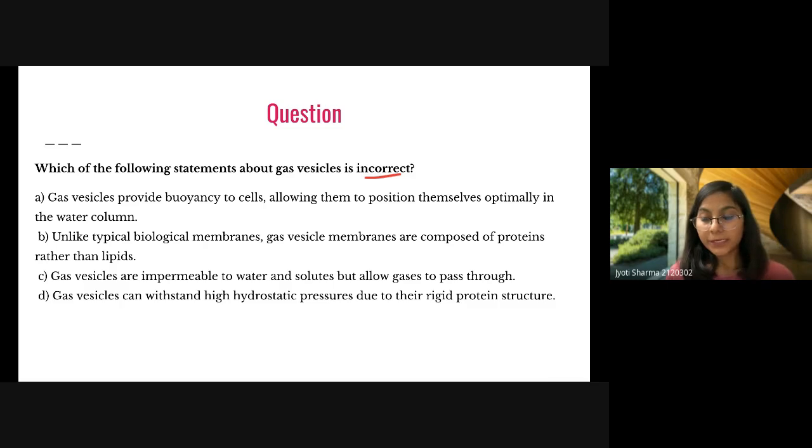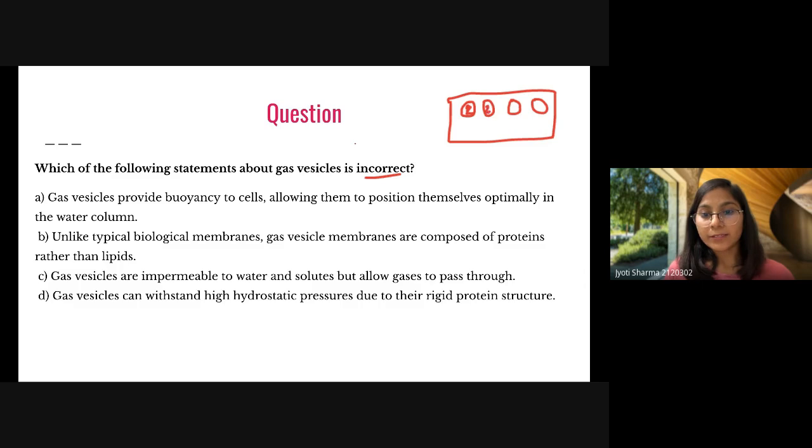First, let me tell you what we mean by gas vesicle. Let's say we have one cell. In that cell we have one organelle known as the gas vesicle. These organelles are made up of gas, so they are gas filled.